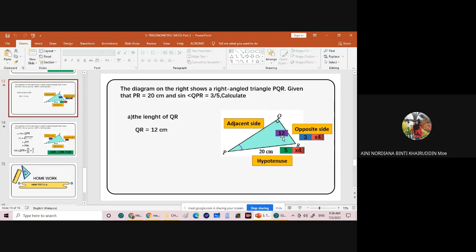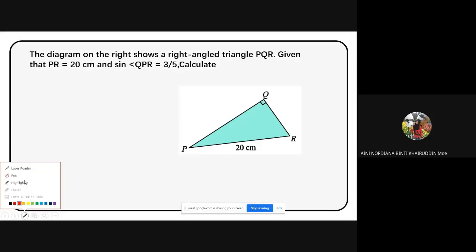Or you can use the other method. Here, sine angle QPR equals 3 over 5.